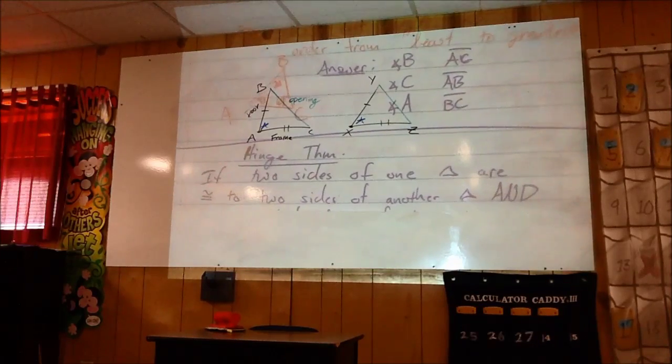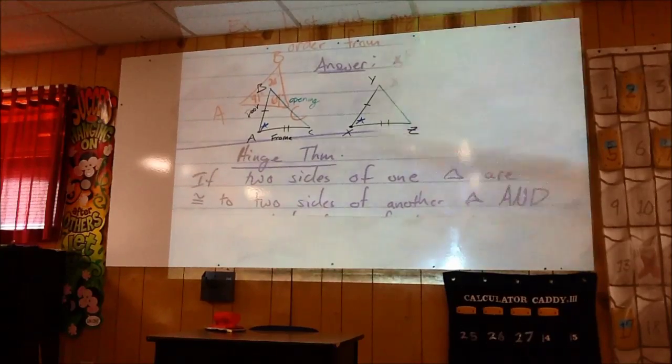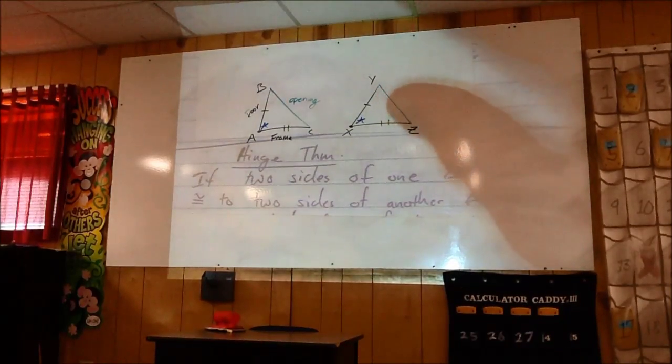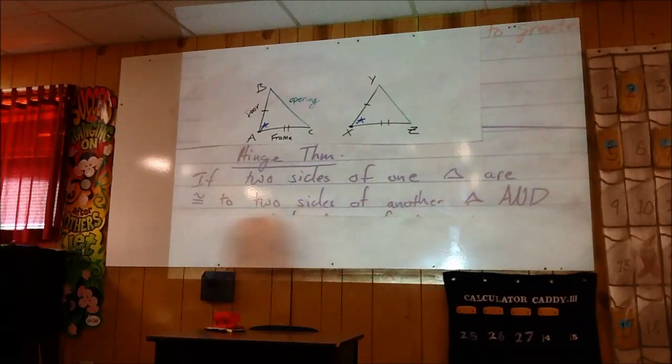That's the first statement. So they're setting up this scenario that you have two triangles with two congruent segments.